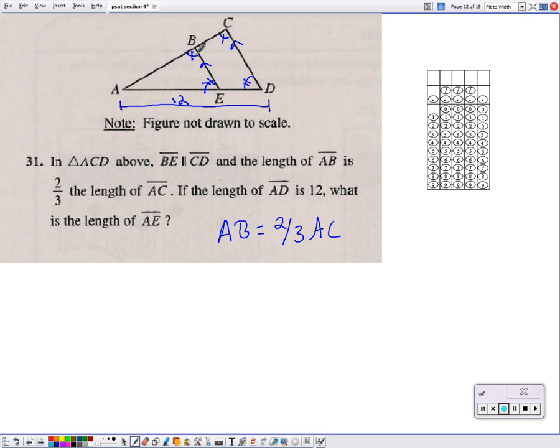So we have these two angles that are obviously congruent, and then obviously A is congruent to itself, which means our triangles are proportional. So if AB is 2/3 AC, that means that AE is 2/3 AD.